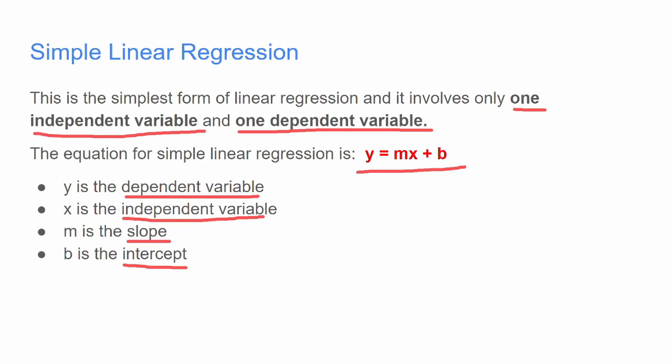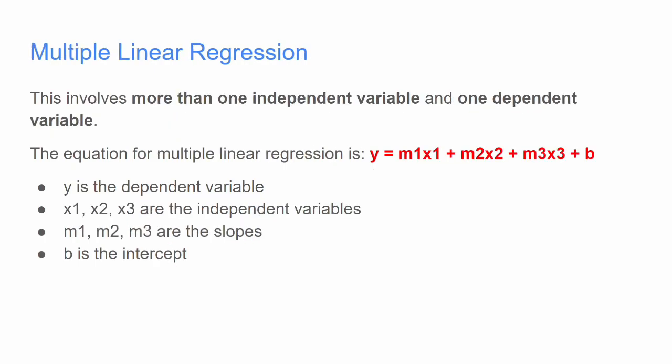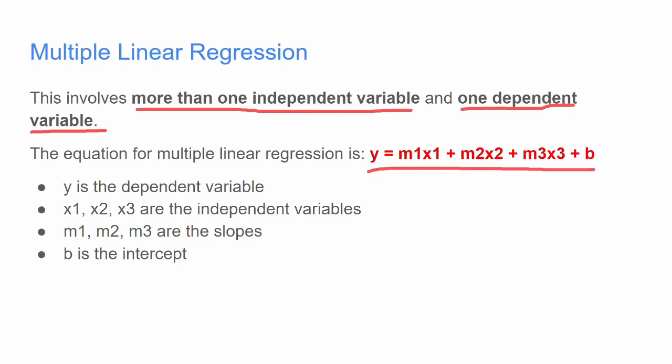Then we'll see about multiple linear regression. Multiple linear regression involves more than one independent variable and one dependent variable. So this is the definition of multiple linear regression. The equation for multiple linear regression is y equals m1x1 plus m2x2 plus m3x3 plus b.